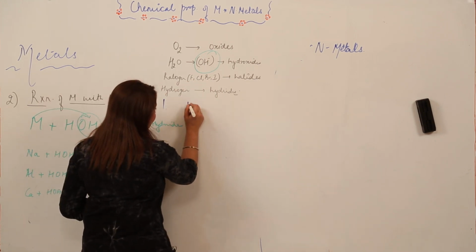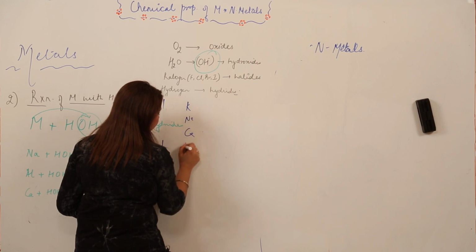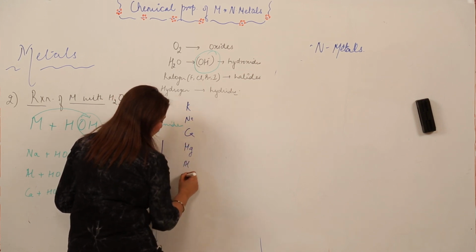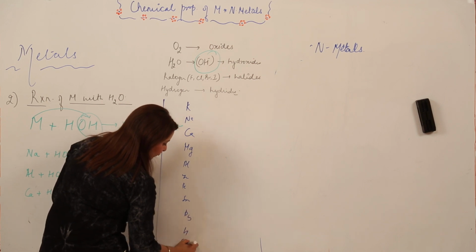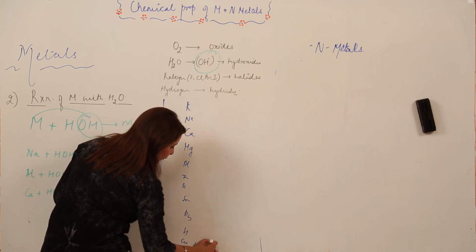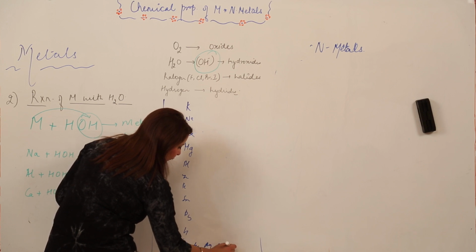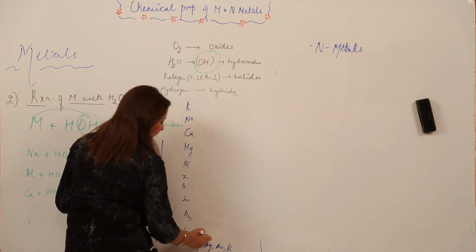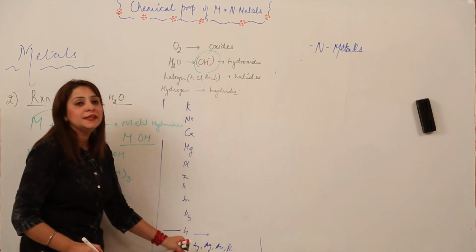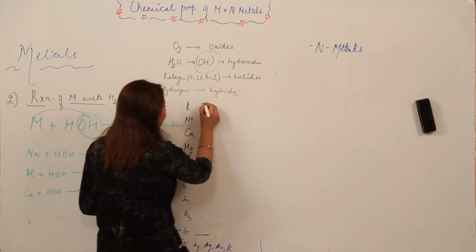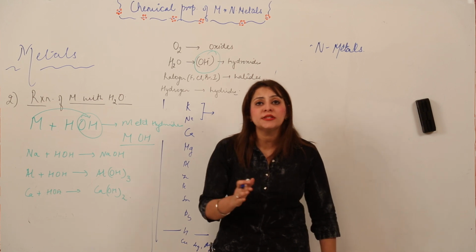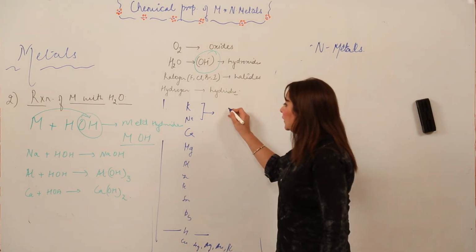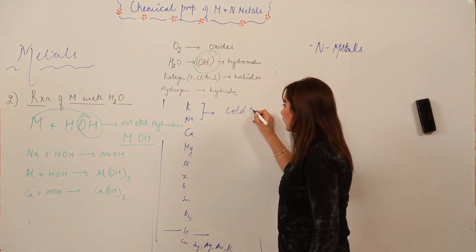As you are familiar with the reactivity series, this is hydrogen, these are reactive metals, and these are less reactive metals. Their oxides are not stable, but their hydroxides are very stable, so they react even with cold water.